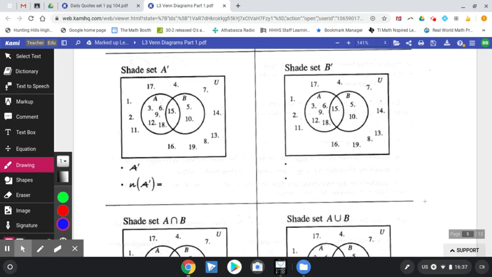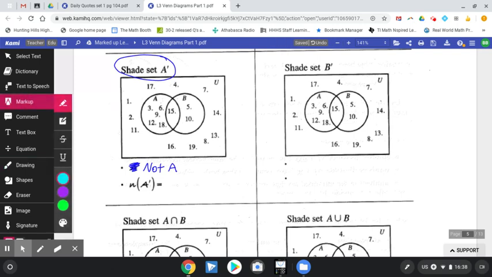Okay, so here we're going to shade set complement A. The workbook actually has a little mistake. It's giving us the same thing that they've already given here. Let's put this in words. If we describe it with words, it would be not A. I'm going to go ahead with that shading.